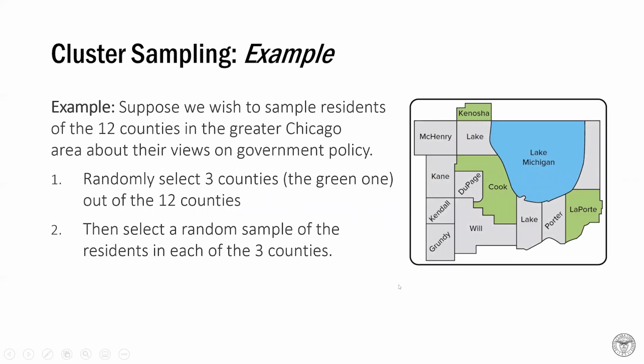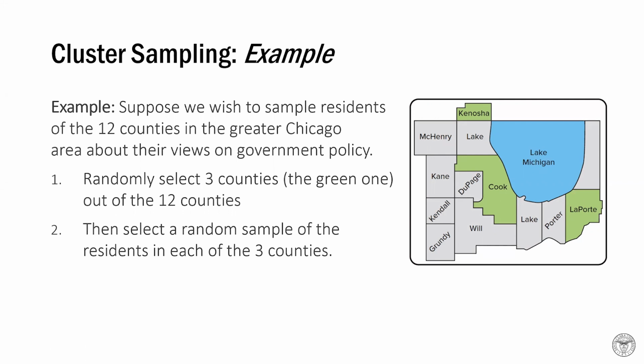In this cluster sampling example, we wish to determine the views of residents in the greater Chicago area about state and federal environmental protection policies. Selecting a random sample of residents in the region and personally contacting each one will be time-consuming and expensive.